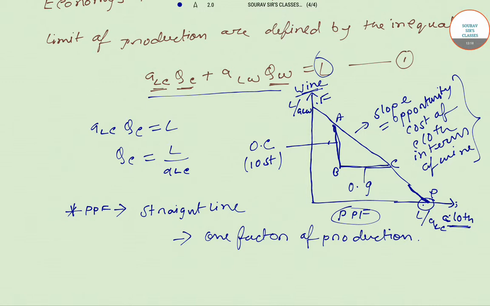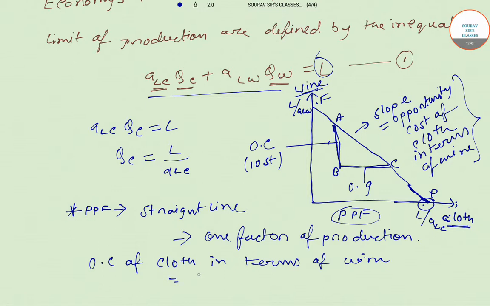This is why the PPF is straight line. Now, this means that the opportunity cost of cloth in terms of wine is constant.